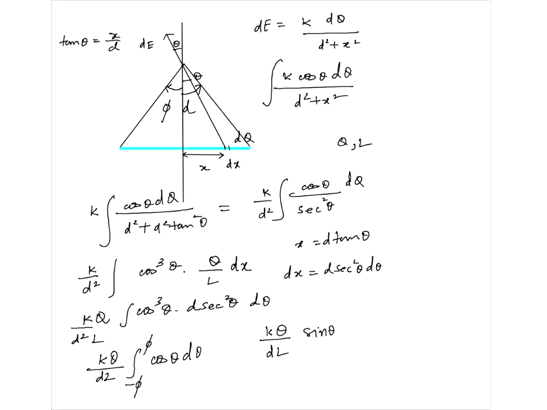That means 2 sin phi. After putting the limit, this is Q.